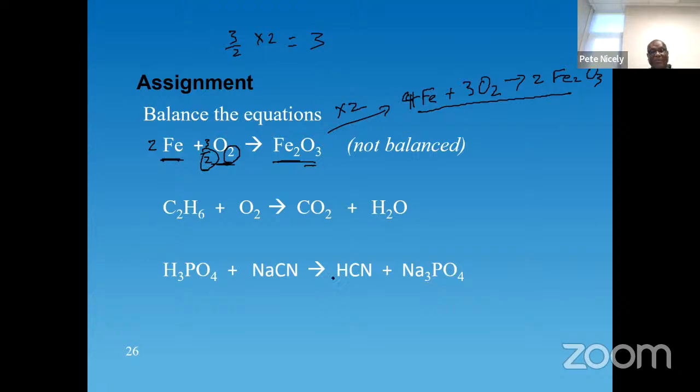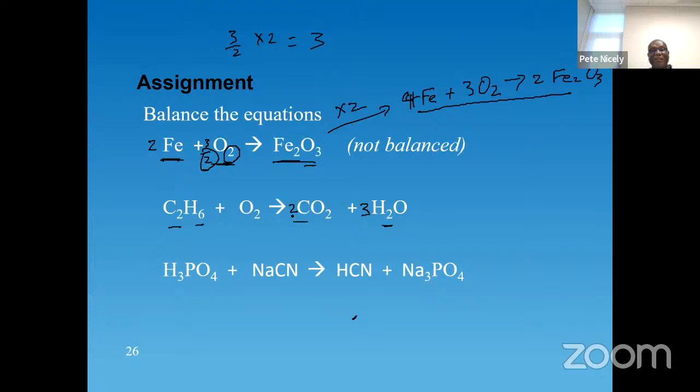Let's look at this example right here. In this example, you have 2 carbons here, you have only 1 here. So I would put a 2 here. All right. And then we have 6 hydrogens here. We have 2 here. So I'll put a 3 here. Now let's get to the oxygens. You'll notice that there are 2 oxygens here.